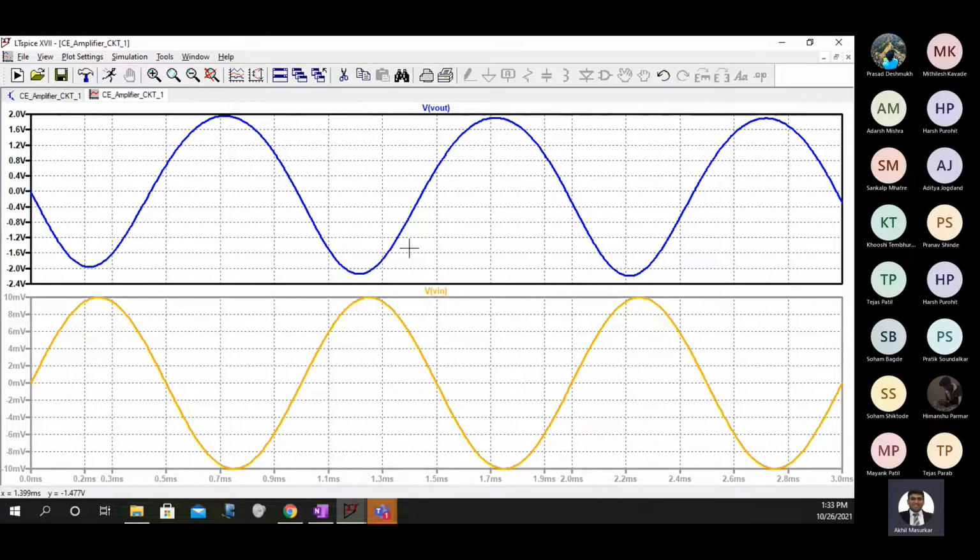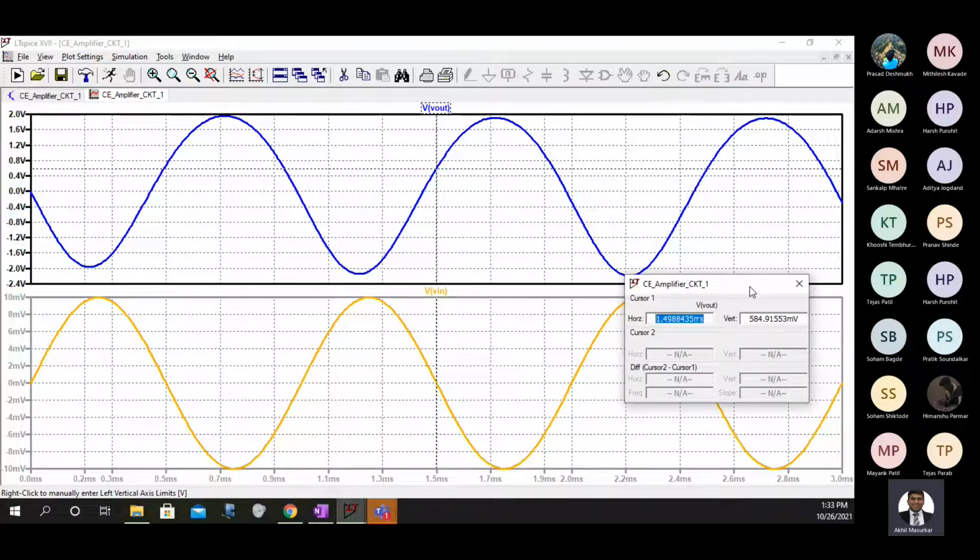So what you can observe here is that the input and output are 180 degrees out of phase. So when input is increasing, the output is decreasing, and so on. Now the question arises whether this is amplifying or not.